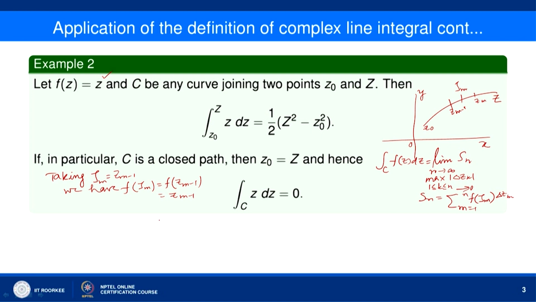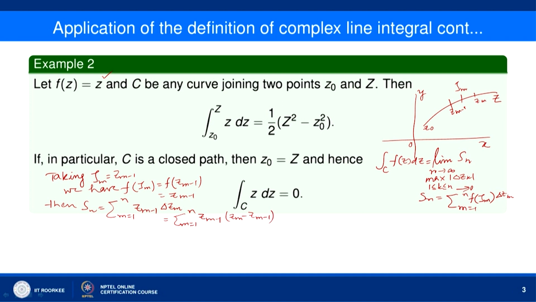Then S n equals the sum over m equal to 1 to n of Z m minus 1 into delta Z m, but delta Z m is Z m minus Z m minus 1. Okay, this is what we have. Let us call this equation 1.